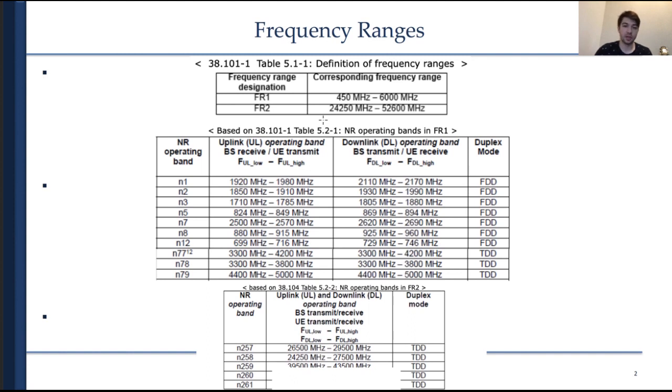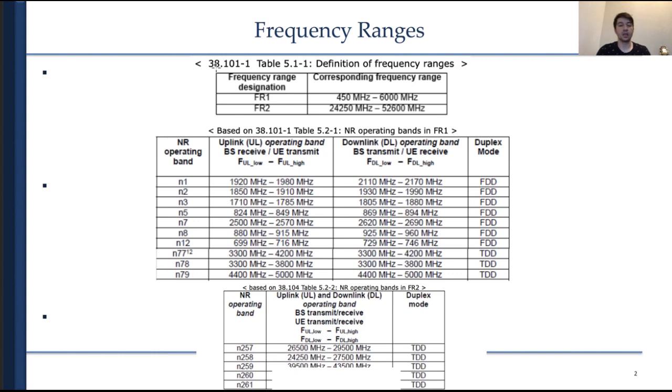in the industrial development. So you can see that in this lecture we will have a lot of tables, and this one is called table 501 of 38.101. So this is the name of the technical document.